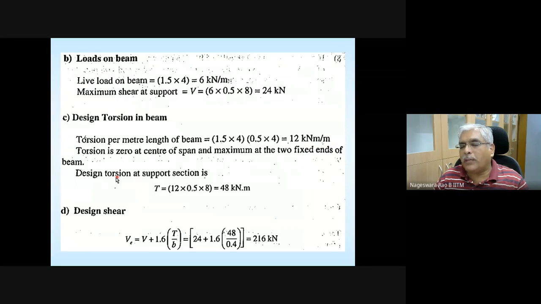Half of it is going to be the reaction because of this torsional moment at each of the supports. So that is what is calculated. Please note that whatever we are going to calculate, shear is going to be maximum near the supports. So we are considering a section which is close to the support.